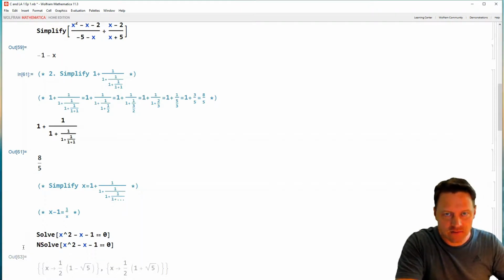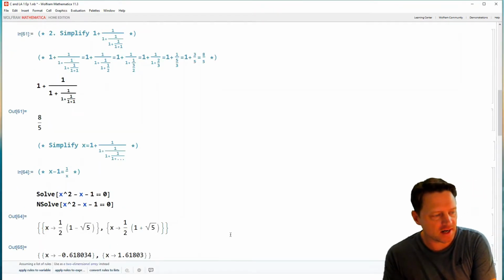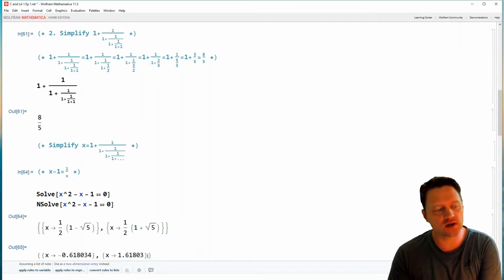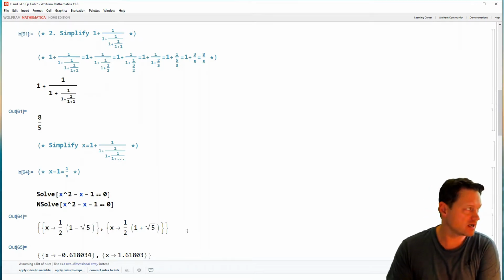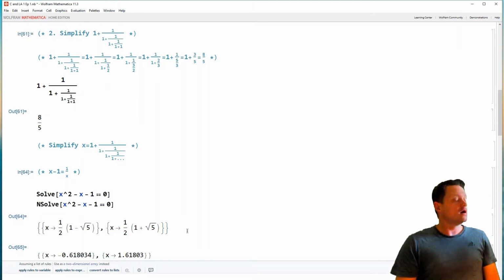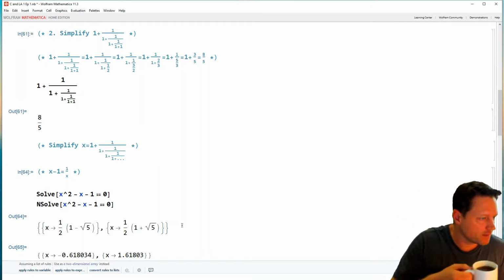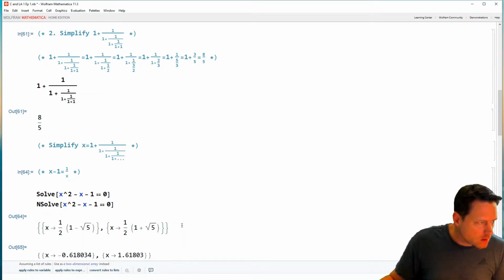If I put an n in front, n solve, then I get minus 0.618, etc., and 1.618, etc. All right, so those are golden ratio numbers. I never remember exactly which is which, so that's the reason why I call them just golden ratio numbers. Okay, right, so let's move on.